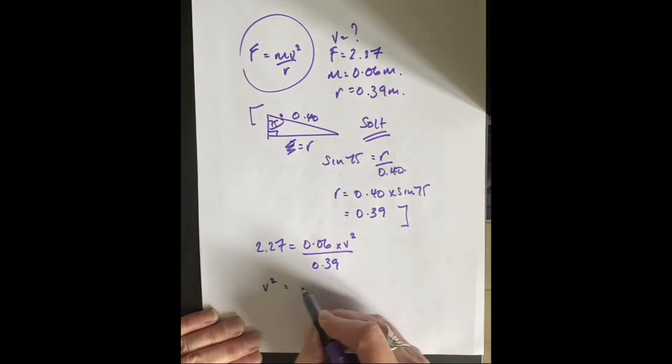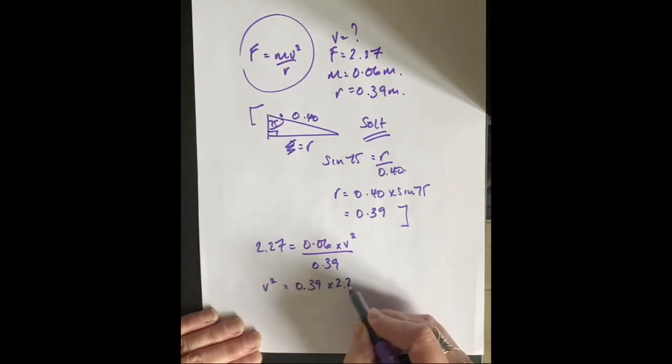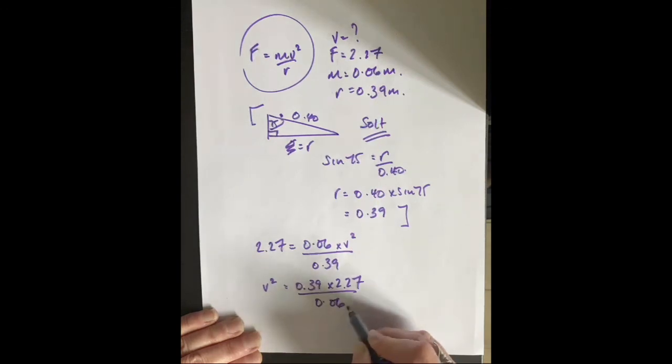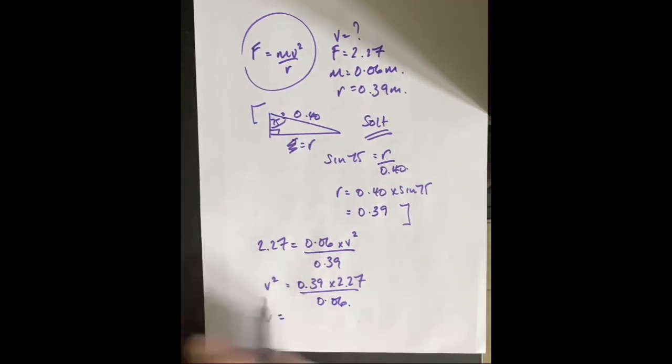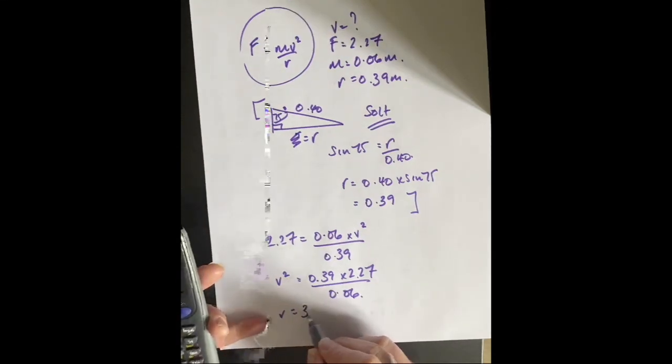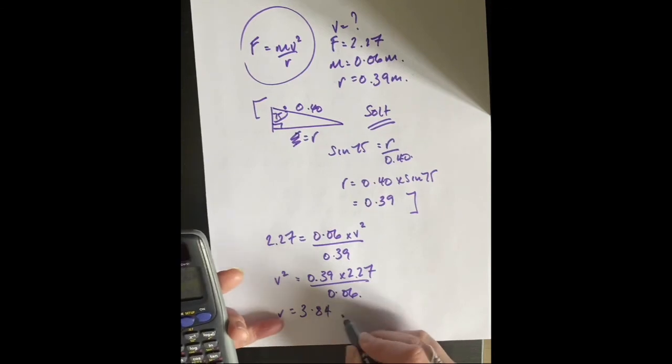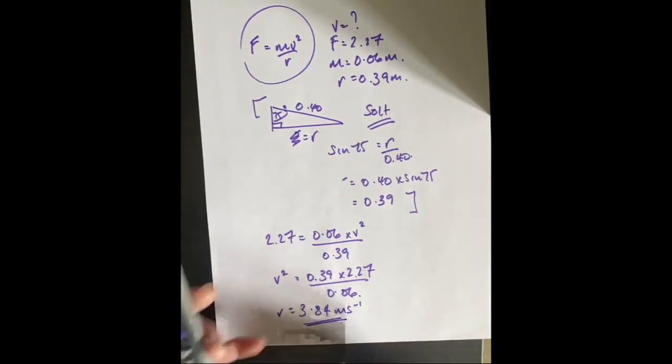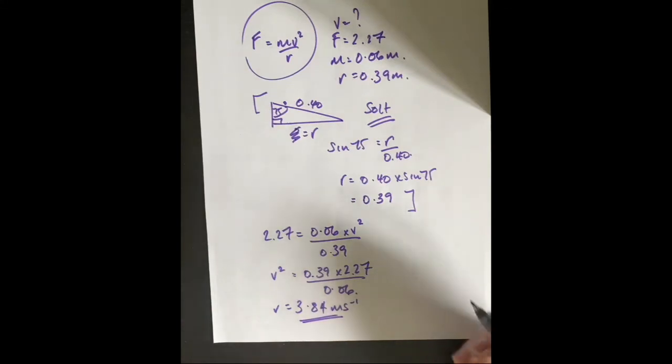Let's rearrange all of this. And v is the square root of 0.39 times 2.27 divided by 0.06, 3.84 meters per second. Okay.